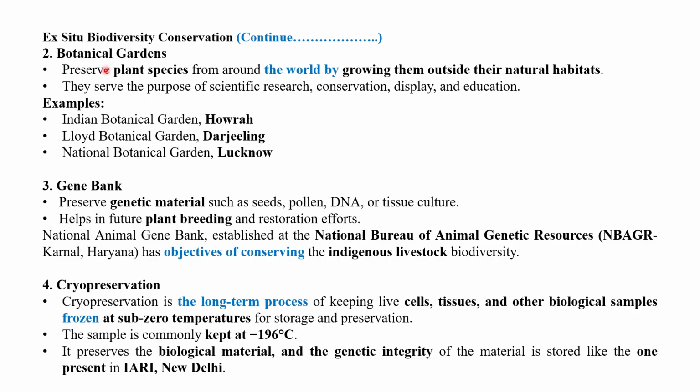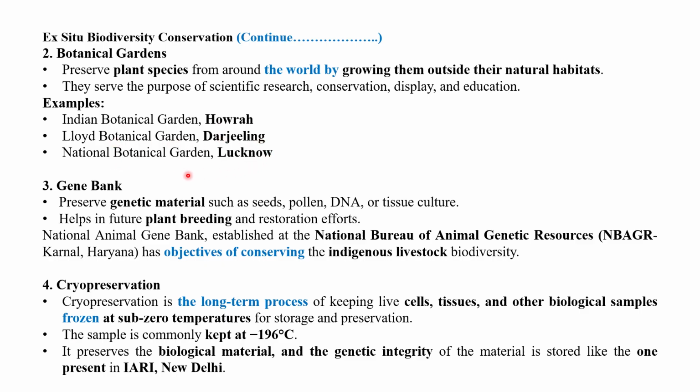Here in Botanical Gardens, plant species taken from around the world are preserved by growing them outside their natural habitats. They serve the purpose of scientific research, conservation, display, and education.